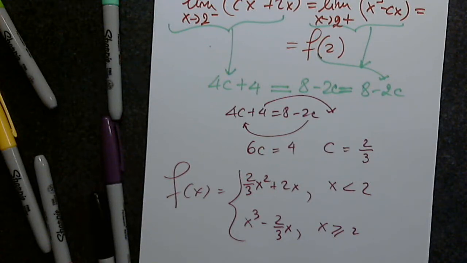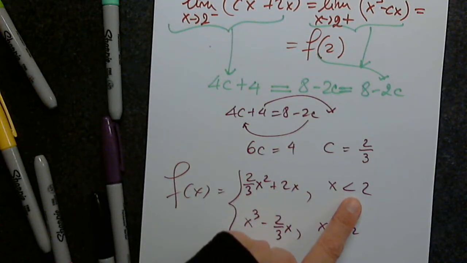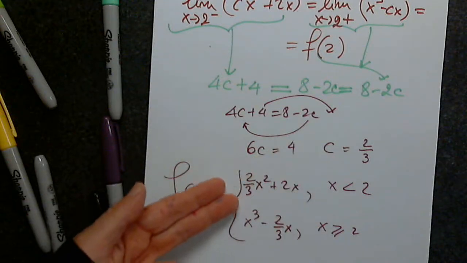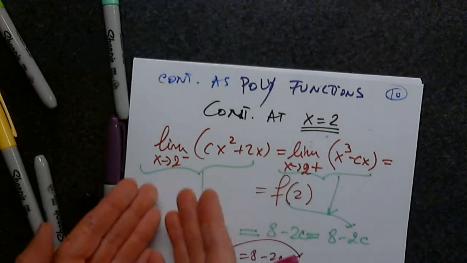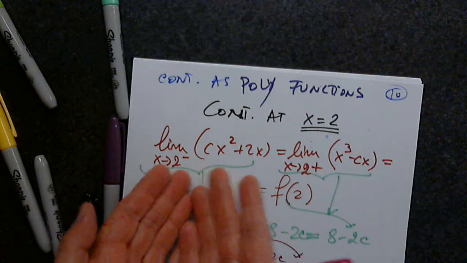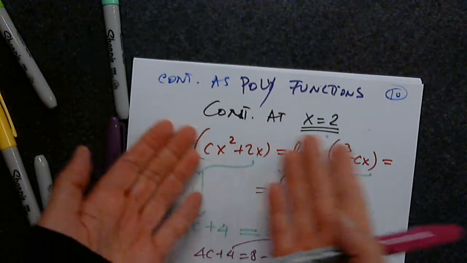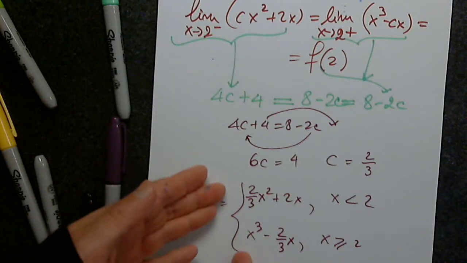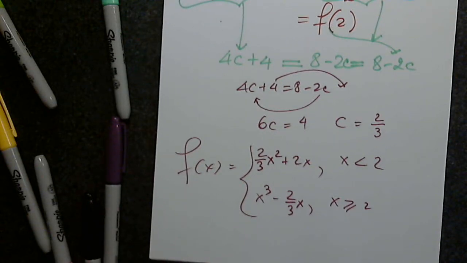Of course, we made it continuous everywhere. It was continuous everywhere on less than 2. It was continuous everywhere on greater than 2. And by determining the appropriate c that makes the limit from the left, the limit from the right, and the function value all the same, only for c equals 2/3. And we went back and replaced it. This is guaranteed to be continuous everywhere.